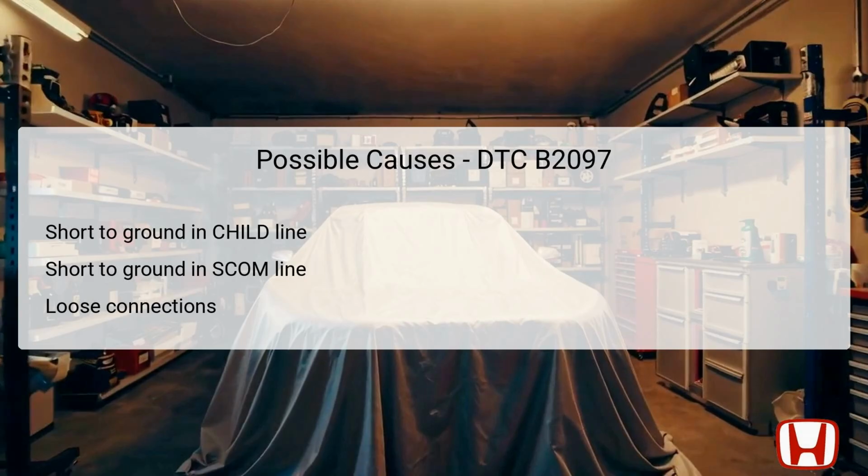Lastly, it's crucial to check for loose or poor connections between the right power sliding door control unit and the corresponding remote control assembly. These connections may compromise the integrity of the signal transmission, leading to the DTC being triggered. Identifying and rectifying these causes expediently is essential for restoring functionality to the door locking system.